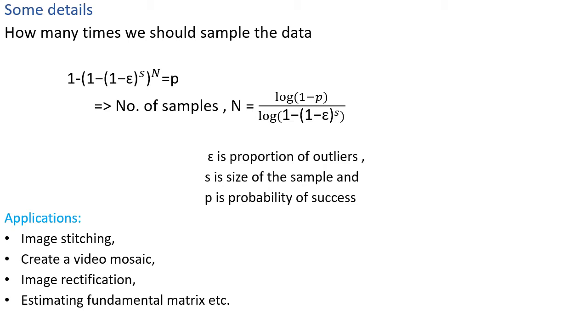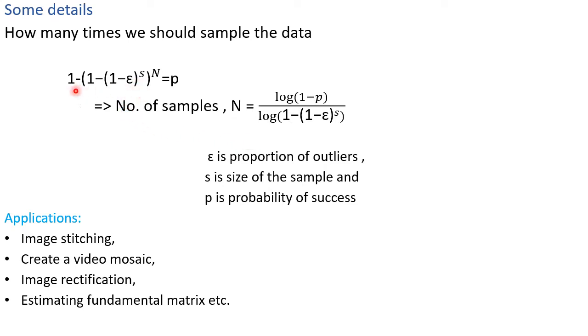Here we can see epsilon, which is the proportion of outliers. S is the size of the sample, that is, the number of points required to construct a model. P is the probability of success. N is the number of samples we want.